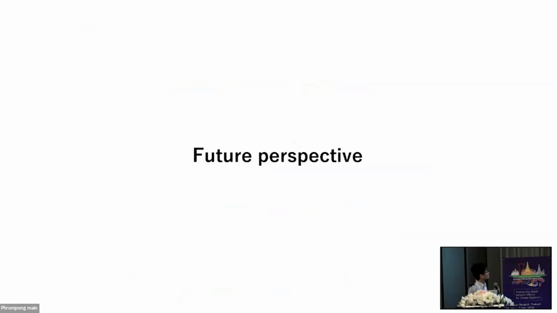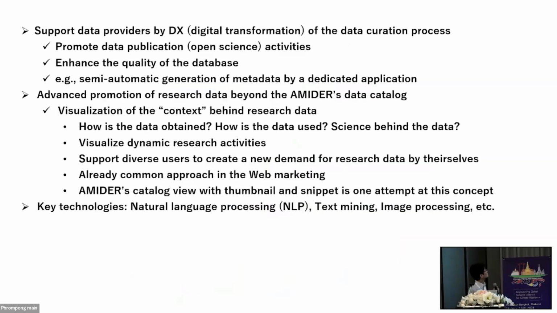And the future prospect. As one pillar of our next development, we will support data providers by digital transformation of the data curation process. Data curation is the process of preparing research data and metadata to register in a database and make it open.